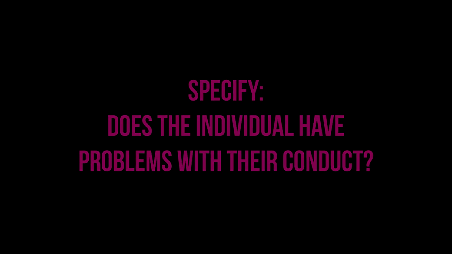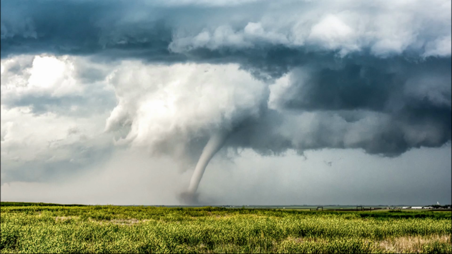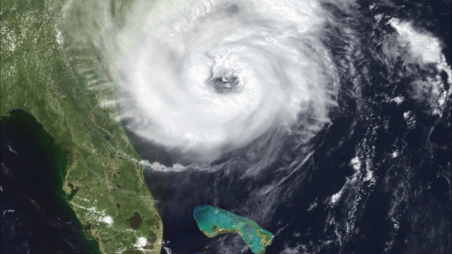Are there conduct problems? Stressors come in all shapes and sizes, and people tend to deal with them differently. So if a person has a romantic relationship dissolve, or they're having problems with their business, maybe they have a painful illness come about, or maybe their business gets hit by a tornado, or maybe a hurricane.